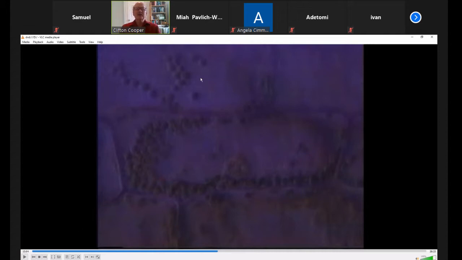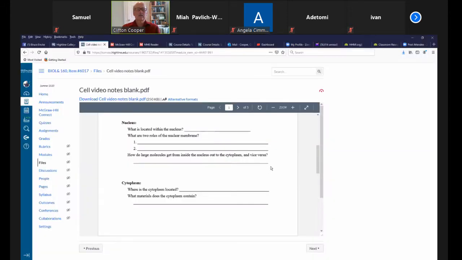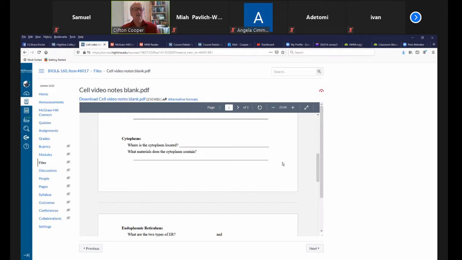Questions for me there on the cytoplasm? For instance, where does it show up in the cell? Where would we normally find it? Is it inside the nucleus?